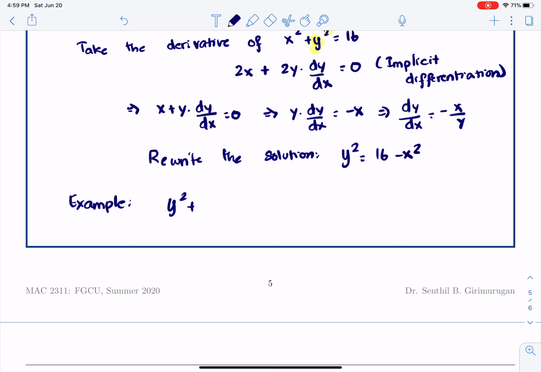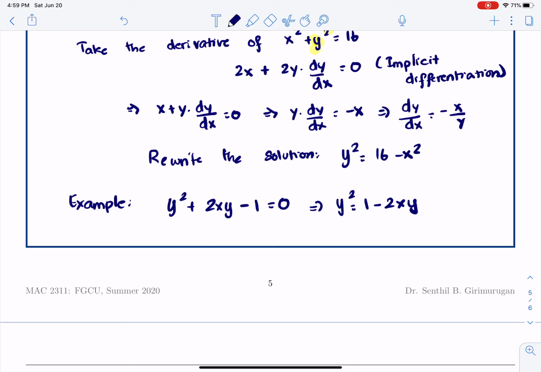Another example for an implicit solution, to make a point, suppose we have y squared plus 2xy minus 1 equals 0. So in that case, we have y squared equals 1 minus 2xy. So in a way, y squared is dependent on y itself. So that is an implicit way of looking at it.